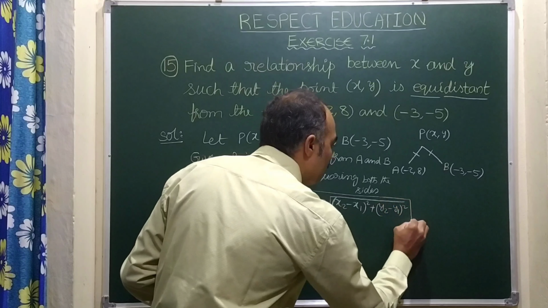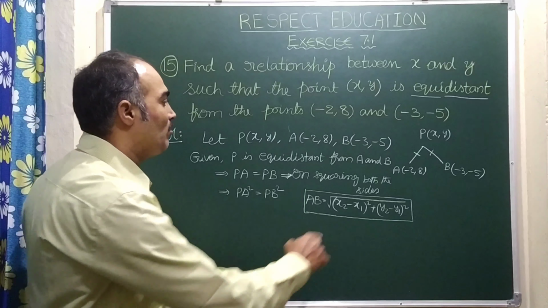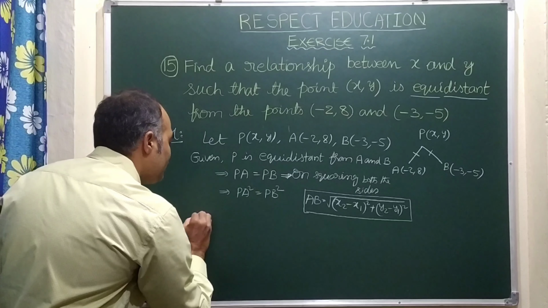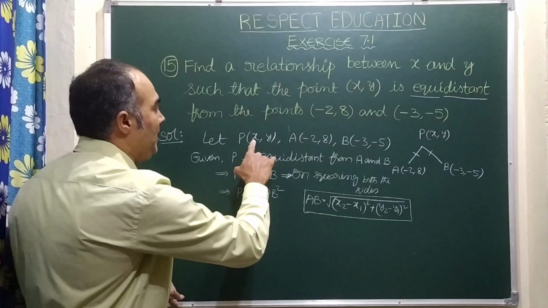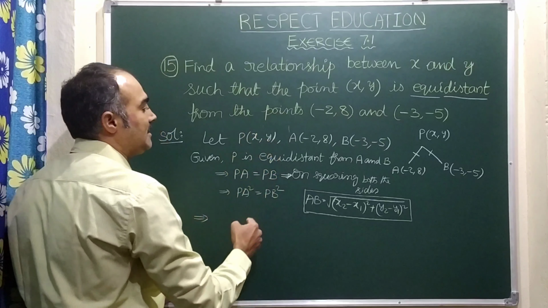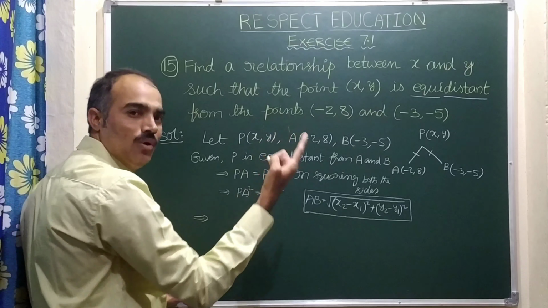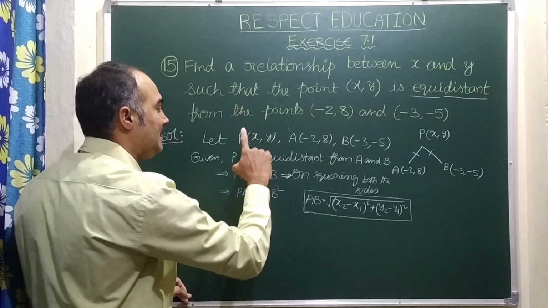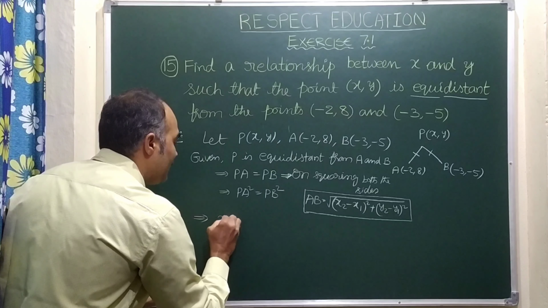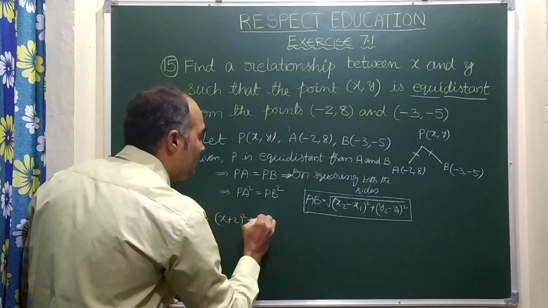Based on this formula we are going to find the distances between P and A and also P and B. So here P(x, y) and A(-2, 8). Let us find the distance here. It can be written as (-2 minus x) whole square, or in other way we can say (x minus of minus 2), means (x plus 2) whole square, plus (y minus 8) whole square.